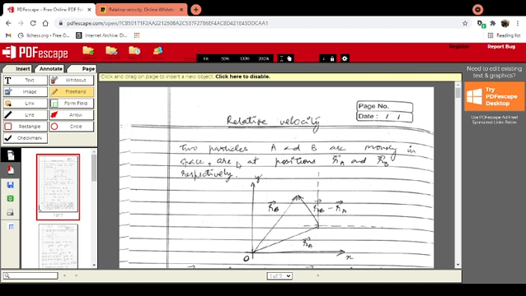So this becomes different in comparison with what we have been studying already. Up till now, the particles which we are studying are moving, and the frame of reference from which we are studying is stationary.